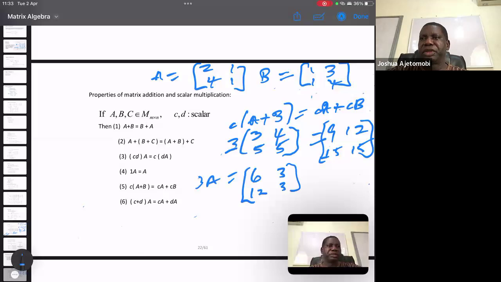And 3B will give us 3, 3, 9, 12. Okay, add together 3A plus 3B. You get this back: 9, 12, 15, 15.